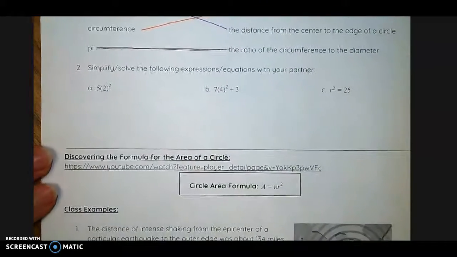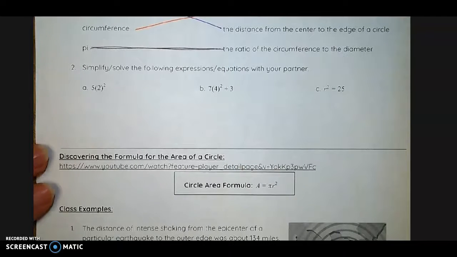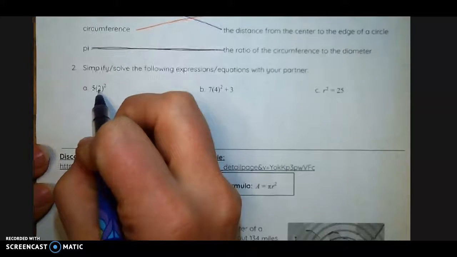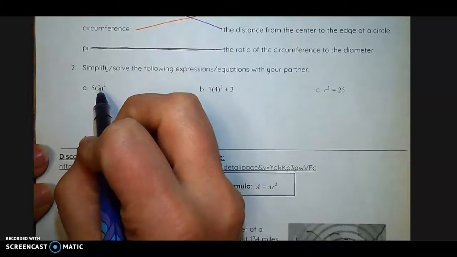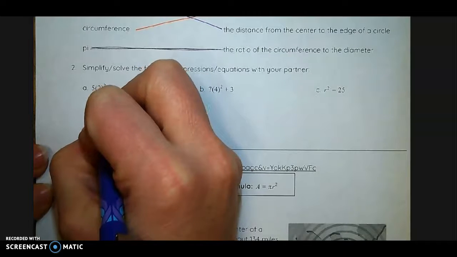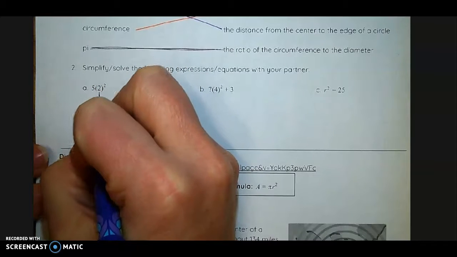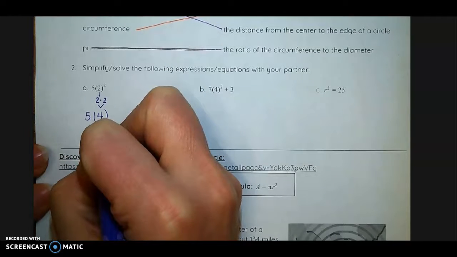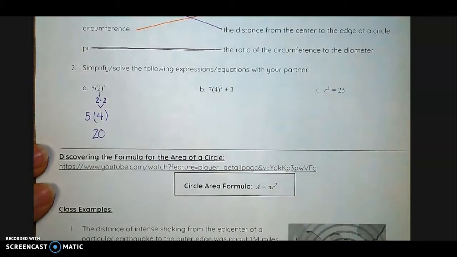So down here, when we work with pi, we're going to be squaring some things. We want to make sure we know how to square. So when I see that little 2 up there, that means I'm going to take that number and multiply it times itself twice. And so I'm going to do 2 times 2, which is going to give me 4. And now I'm still going to multiply that times 5, and I get 20.